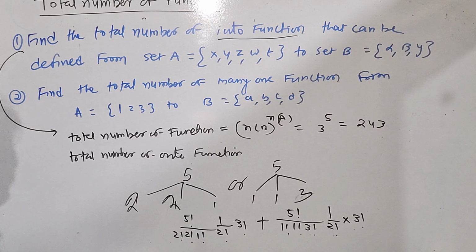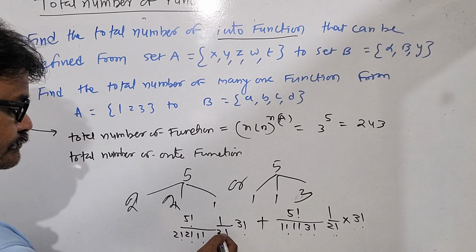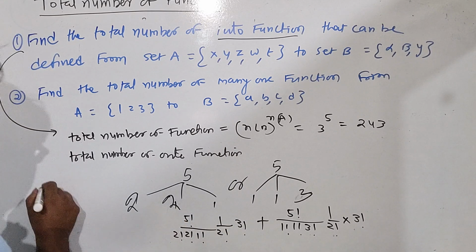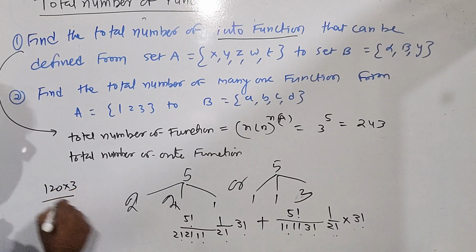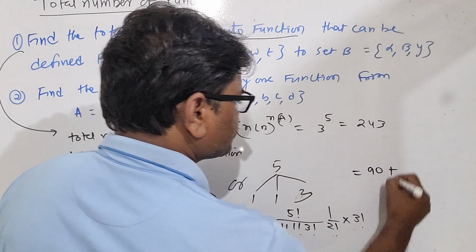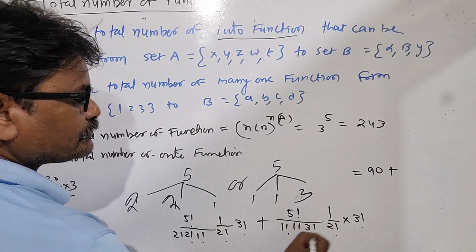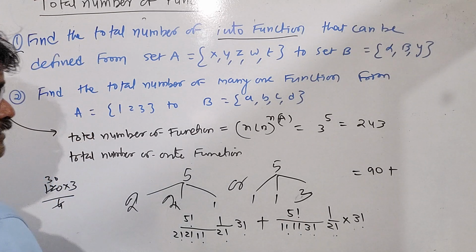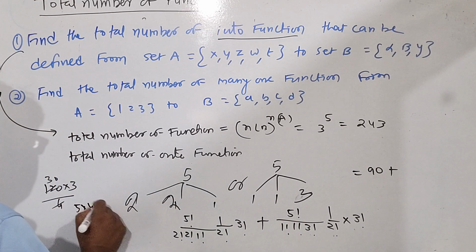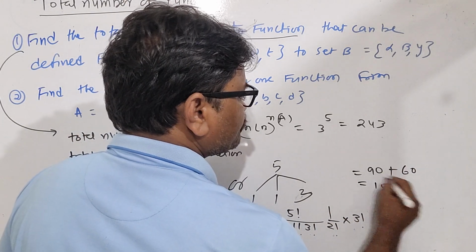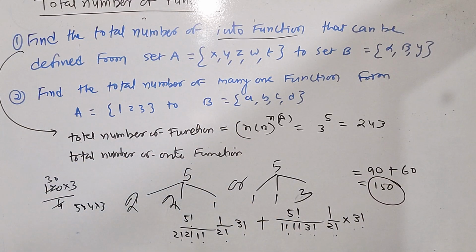So when we calculate this, 5 factorial is 120, into 3, 120 into 3 divided by 4, which comes to 90. So that is equal to 90 plus, now calculating this, 3 factorial will cancel out. So 5 into 4 into 3, that is 60. So 90 plus 60 is equal to 150, total number of onto functions.